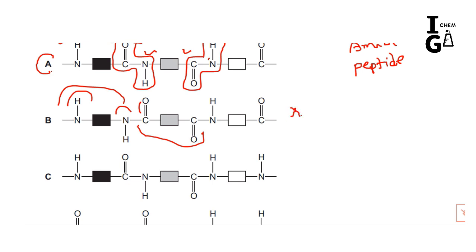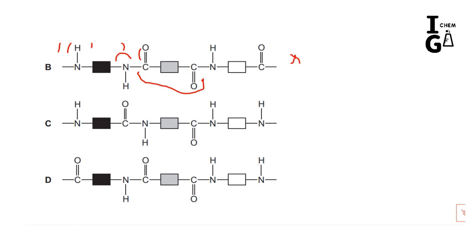Letter C. This is amine and this is carboxylic. If you check here, this is amine, this is carboxylic, it's okay. But if you check this, this is diamine, so this is not correct, because all of them are amino acids. Look at this, diamine. Letter D. This is carboxylic, amine, carboxylic.